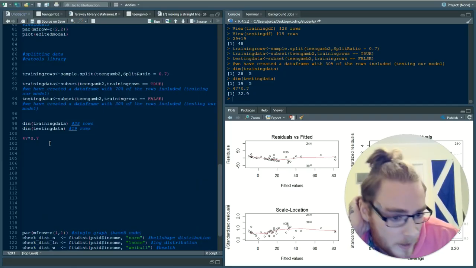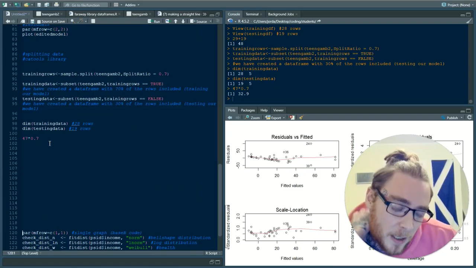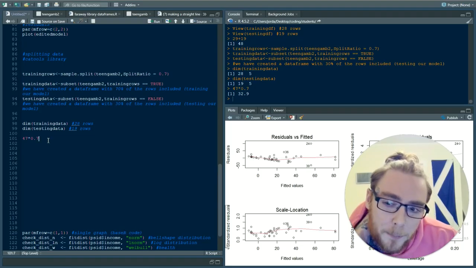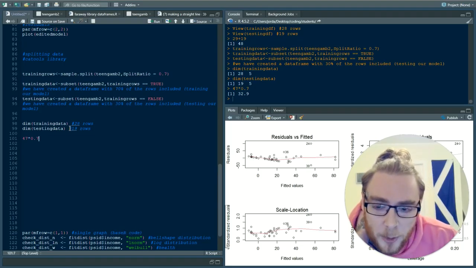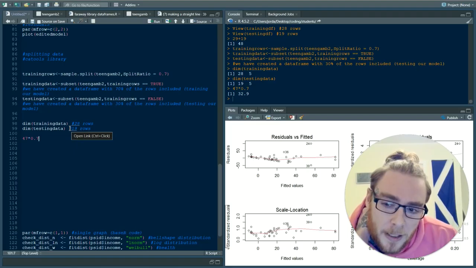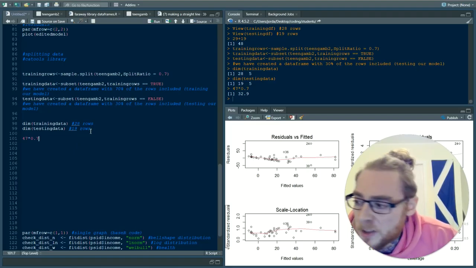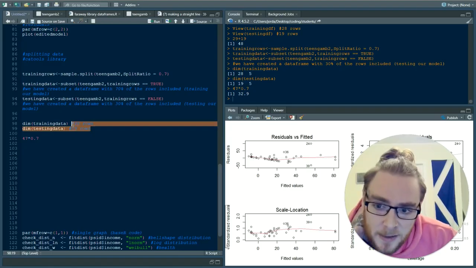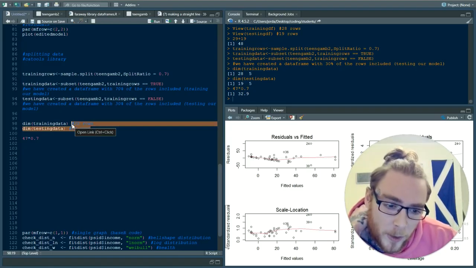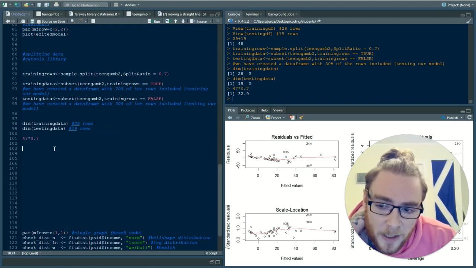So we could definitely have deleted a row, or a couple of rows, in order to make that split work precisely. But this is a pretty good split. And the other thing I was going to say is these number of rows are pretty low, and you'd want to work with more data than this when you were making a model in the future.